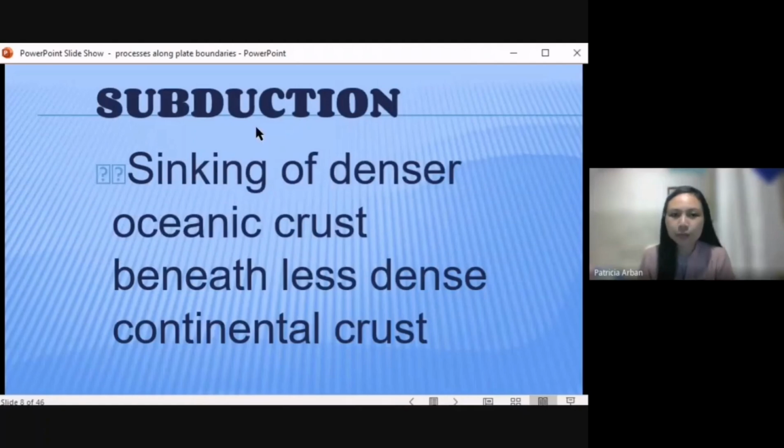As we said a while ago, subduction is the sinking of denser oceanic crust beneath less dense continental crust. Again, why is it that the oceanic crust subducts, not the continental crust? It is because it is denser.